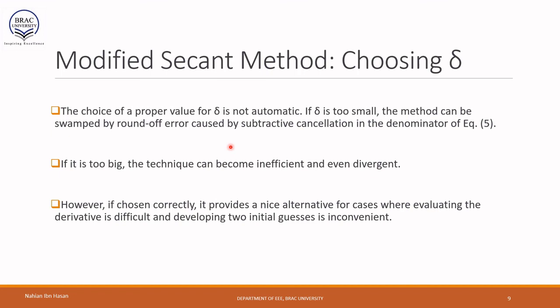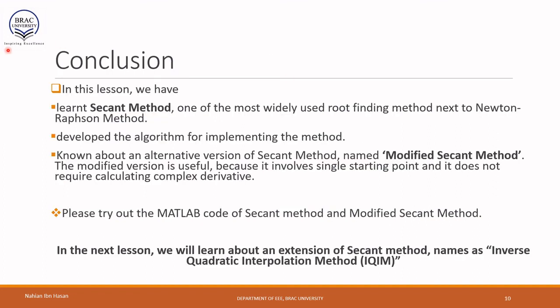Please try out the MATLAB code that I have attached with this lesson, which incorporates both the secant method and the modified secant method. Try to tweak some of the parameters inside the code and get the results. Use different forms of functions, and compare with other root finding methods like bracketing methods or the Newton-Raphson method.